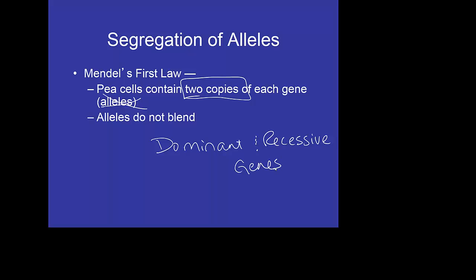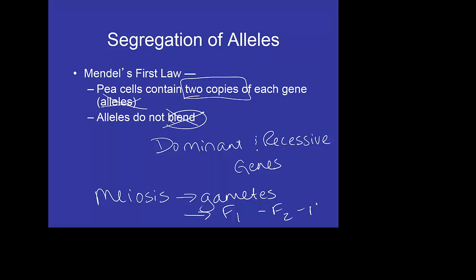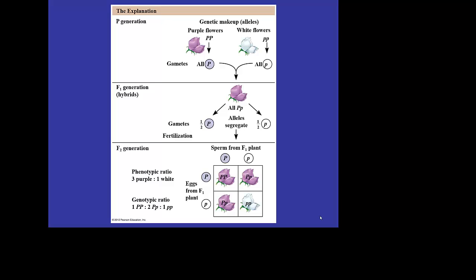We will talk more about those as we go through, but he reinforced the idea that alleles do not blend. So the traits that he is observing, and what we now know is meiosis occurring to produce gametes to pass on information to the next generation, is what we look at as the basis for today's genetics.